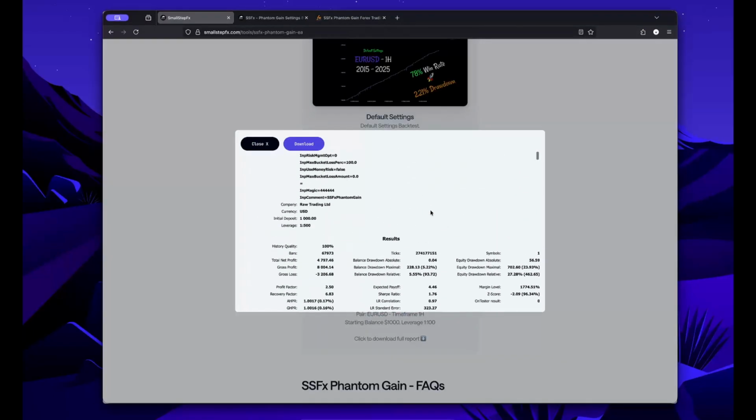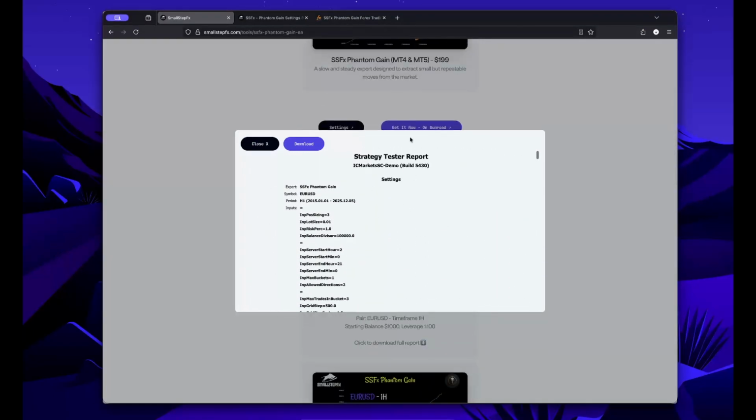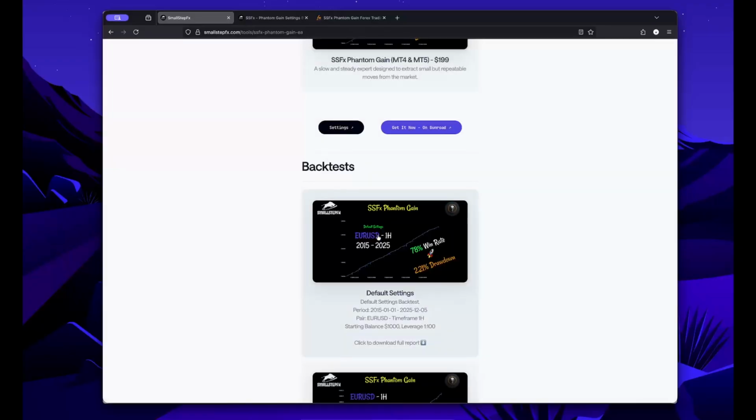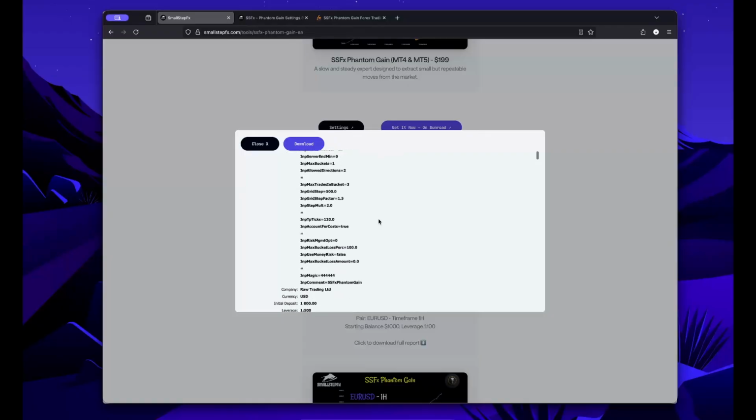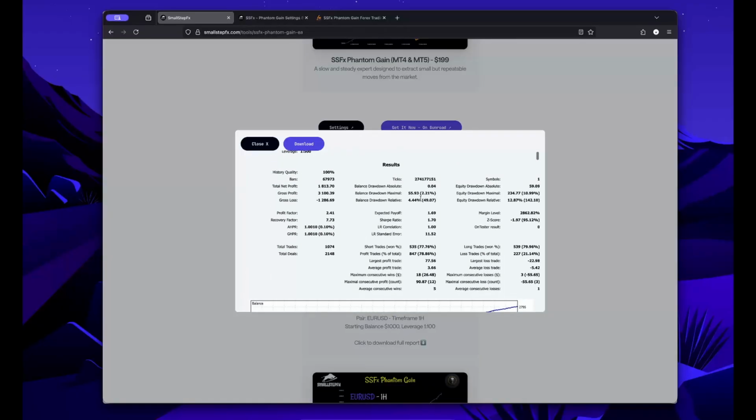I definitely recommend you go to our website, download this report and check it out. We also have this one, which is the default settings for the fixed lot size, and these are the results that the bot brought about.